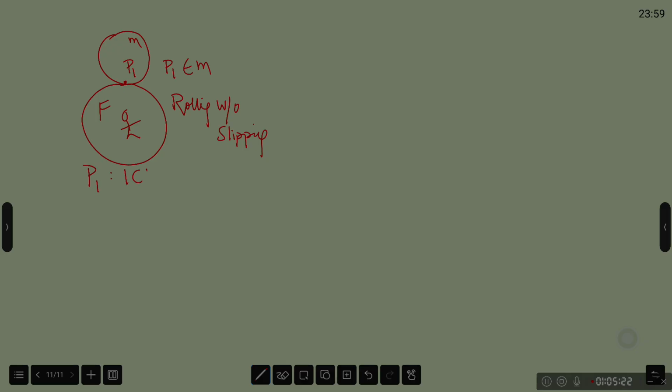And a line passing through P1 and coming perpendicular, coming out of the plane, will be the instantaneous axis of rotation.